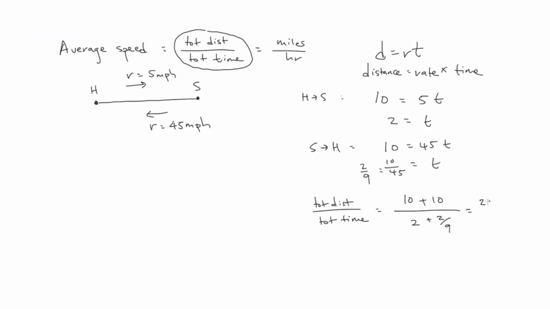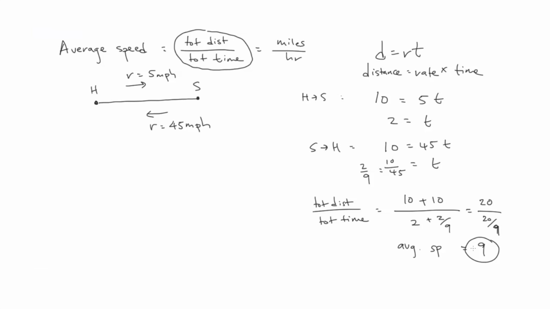So here we have 20 divided by 20/9. If we simplify that further, we would get 9, and so our average speed would be 9 miles per hour.